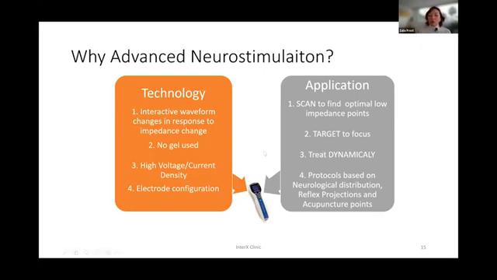Because we also place high voltage and high current density parameters on those low impedance points. And low impedance points will help you deliver electrical current to cells which are flat. They lose their charge. So we send that potent current directly to recharge the cells and get the cells back to life again.